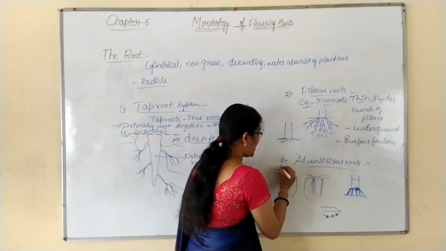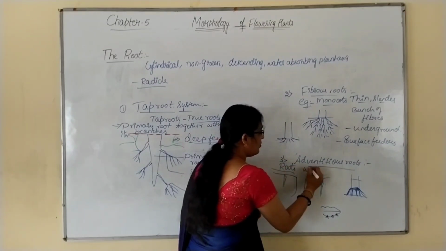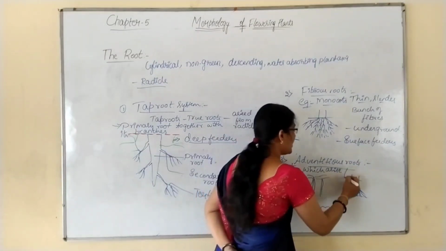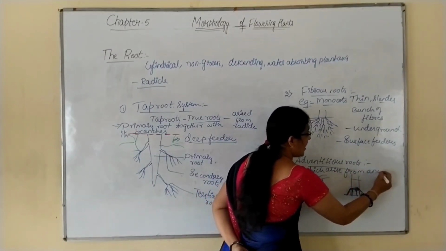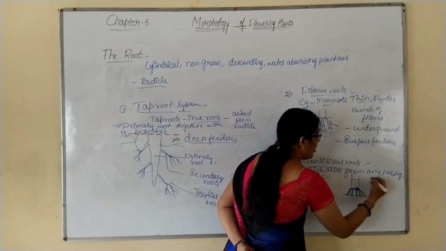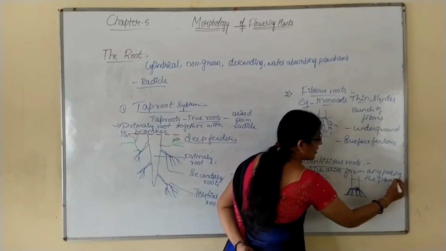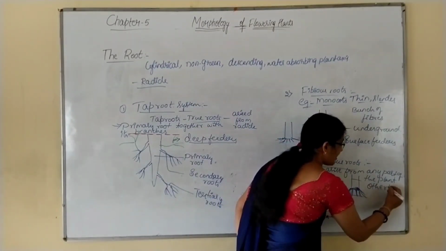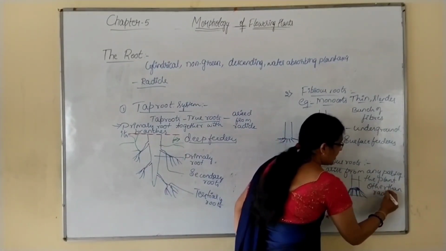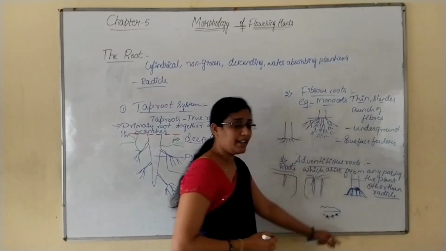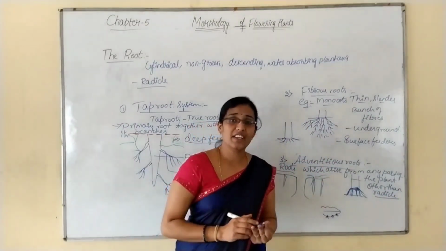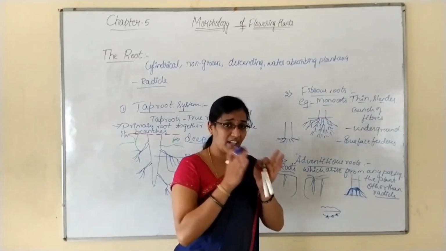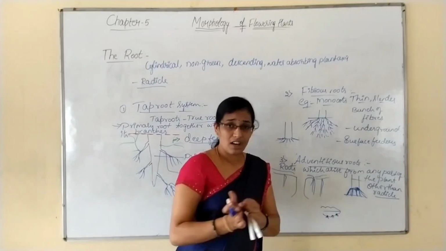The roots which arise from any part of the plant other than the radical. And are these adventitious roots seen only in monocots or dicots?